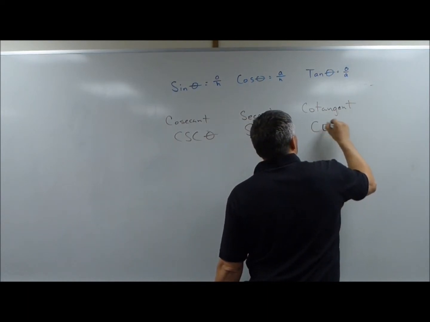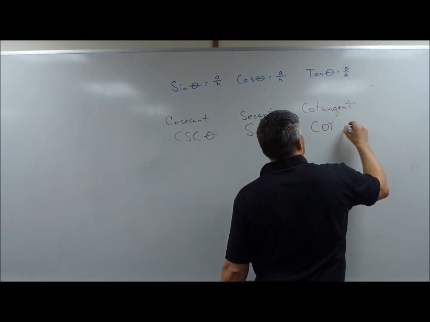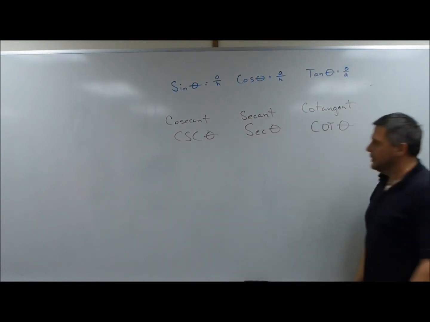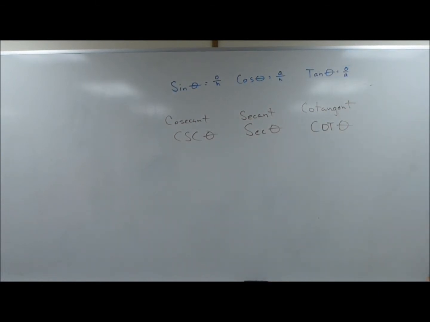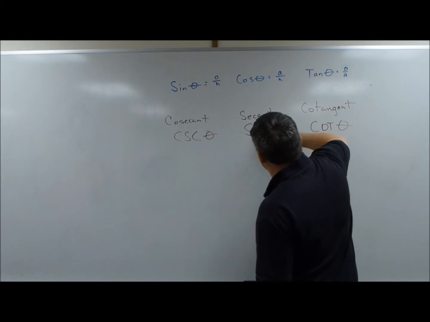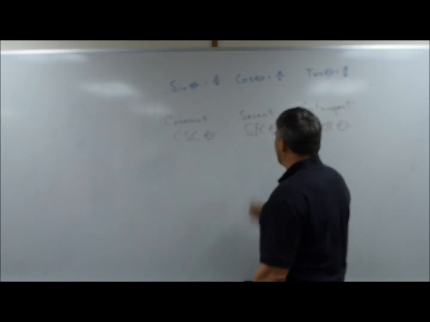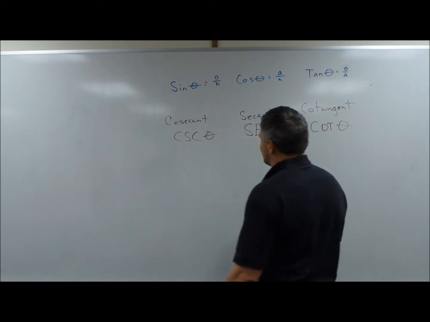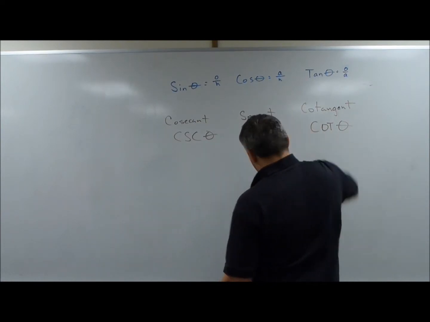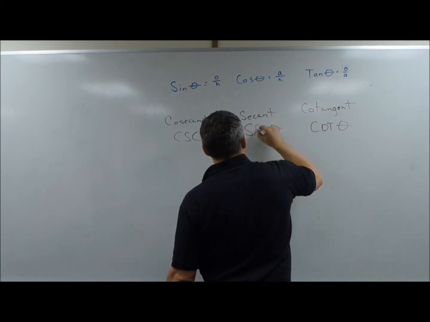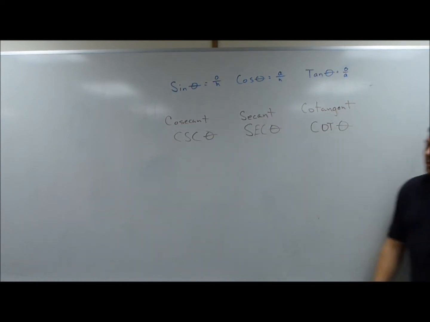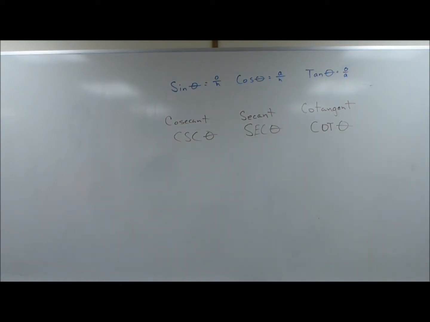Cotangent theta is this. You never see it like that, I never see it like that, but fine, I'll just do it. Cosecant, secant, cotangent.